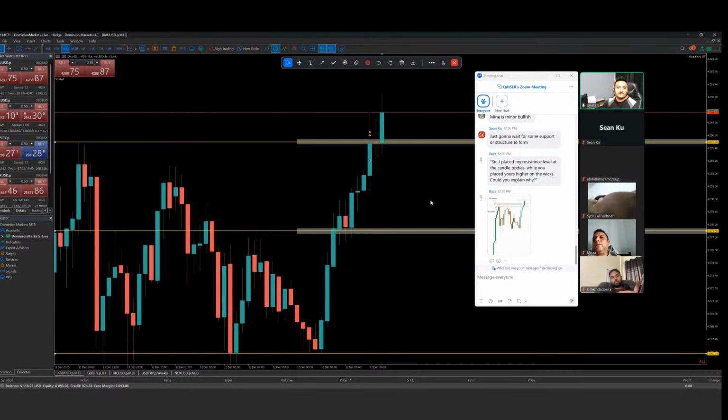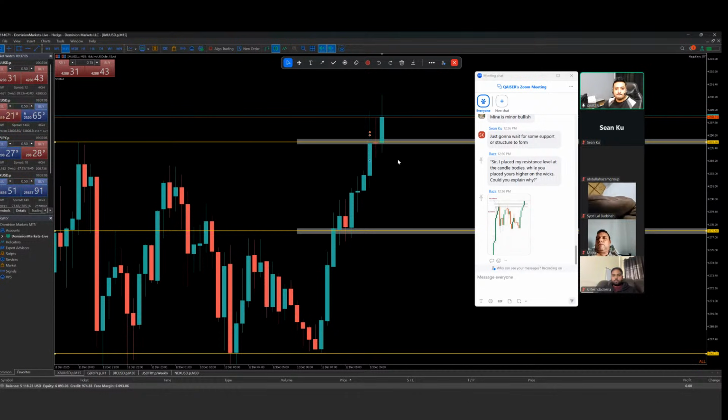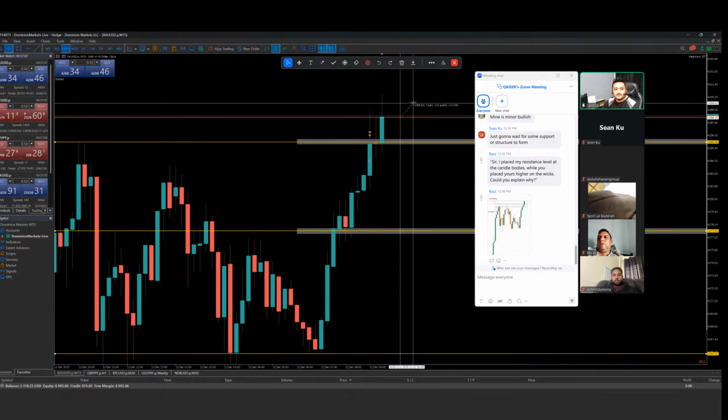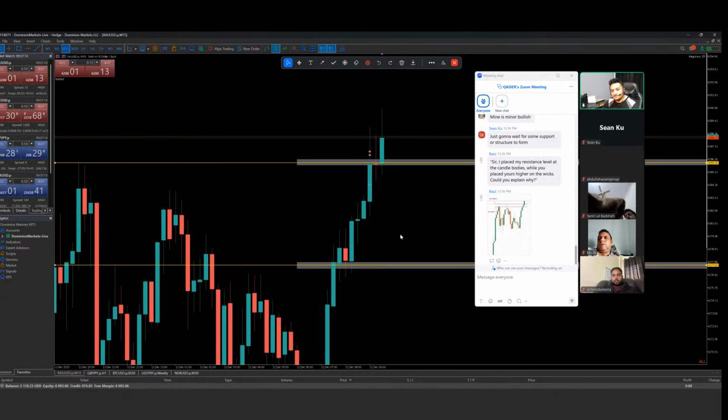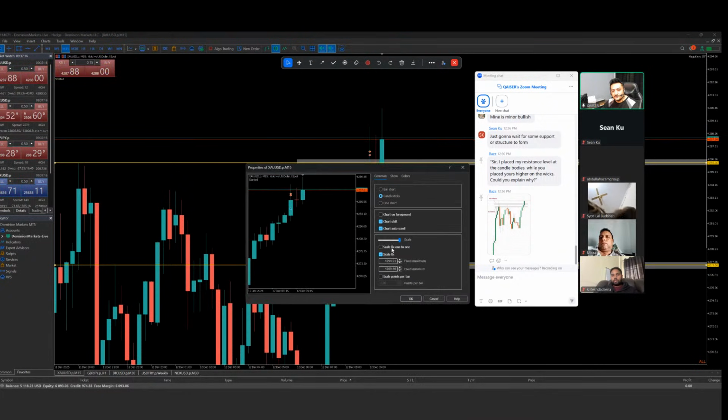It created a minor resistance, broke above the high, pushing upside right now, showing some potential in it. Wow, I just need to readjust these things.